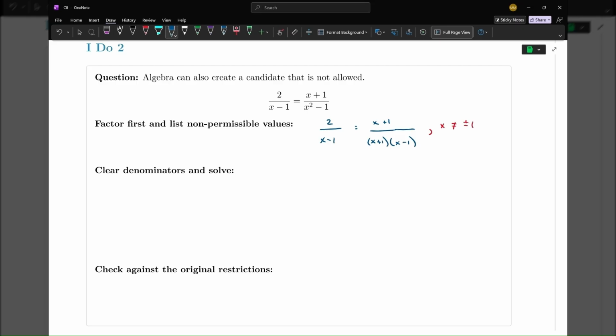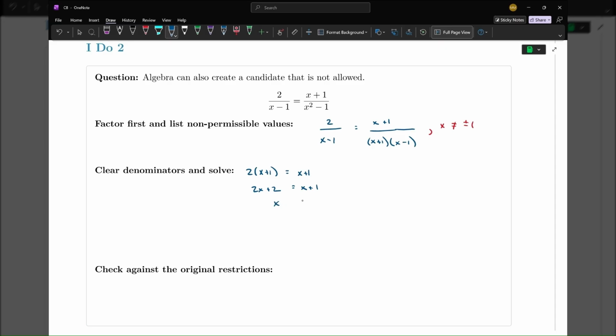Now, when I go to solve it, I'm going to multiply through by the denominators, so by (x plus 1)(x minus 1). On the left here, I'm going to get 2 times x plus 1 because the x minus 1 is divided out. On the right, I'm going to get x plus 1 because the (x plus 1)(x minus 1) divides out. So that gives me 2x plus 2 equals x plus 1.